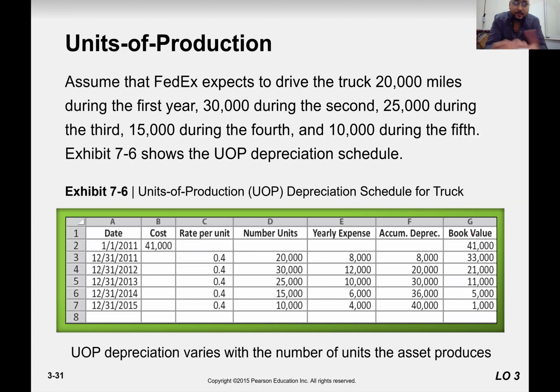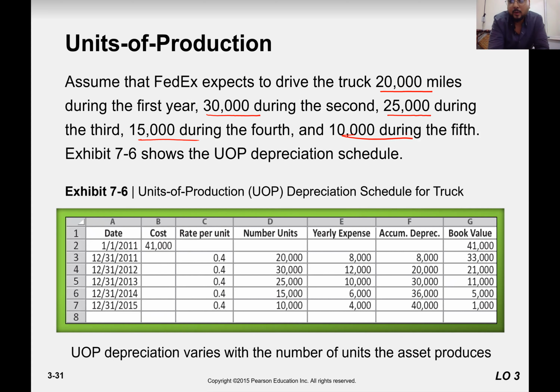So the illustration says in first year the driver drove 20,000 miles. Second year 30,000, 25,000 third year, fourth year 15,000 and 10,000 during fifth year. So what is the annual depreciation?